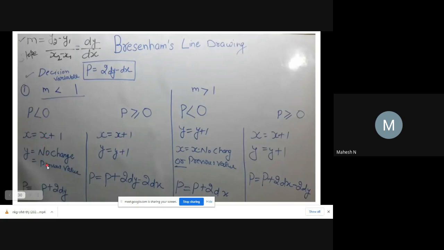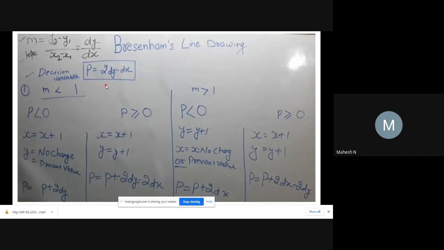And for the next vertex decision, you will use this decision variable, p is equal to p plus 2dy. Okay, and again if it turns out to be negative, you will follow the same procedure, and for the next vertex the decision will be based on this equation, right? If it turns out to be positive, you come here. You will increment both x and y, and your new decision variable for the next vertex will be on this equation, right?